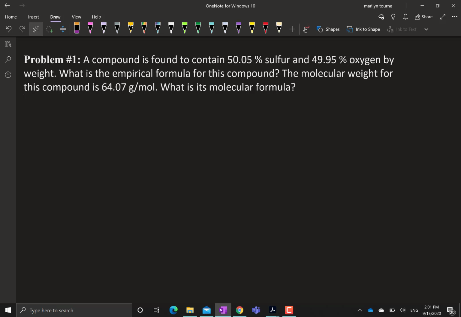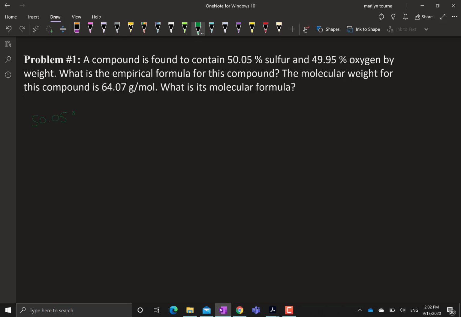The problem says a compound is found to contain 50.05% sulfur, 49.95% oxygen by weight. What is the empirical formula for this compound? And then the second part of the question says the molecular weight of the compound is this, 64.07. What's the molecular formula?